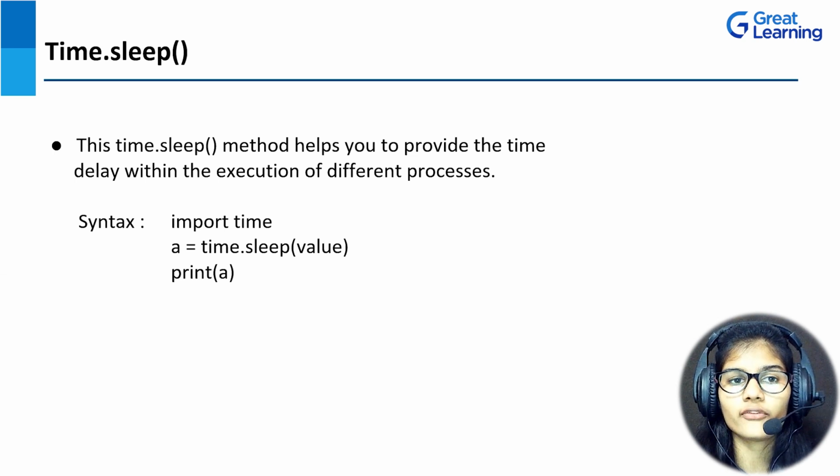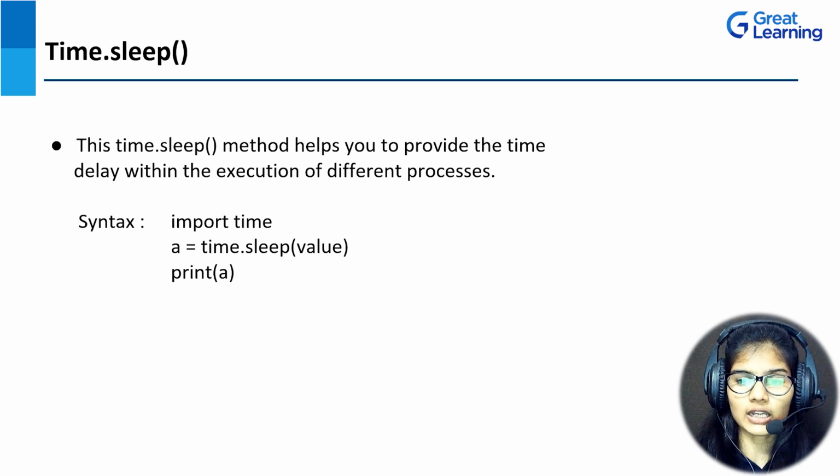After that you want a 4-second gap, then you want the second print statement to get executed, then you want an 8-second gap, then you want the third statement to get executed. So this is how this particular procedure takes place. Firstly, your first print statement runs, then after 4 seconds your second statement runs, and then after 8 seconds your third statement runs. Okay, so I hope I'm very clear with the sleep function, what it does and how it works.